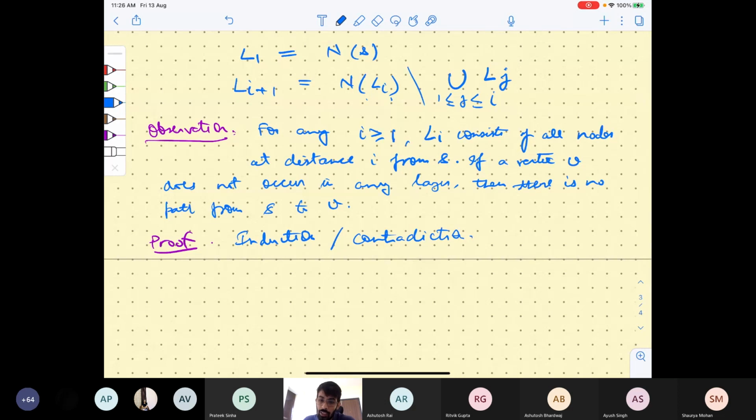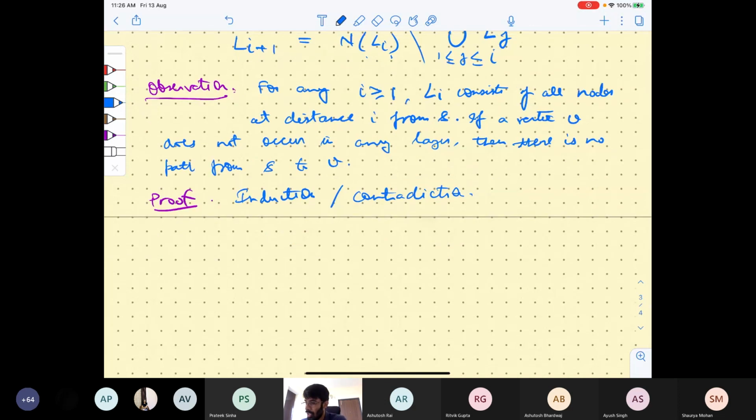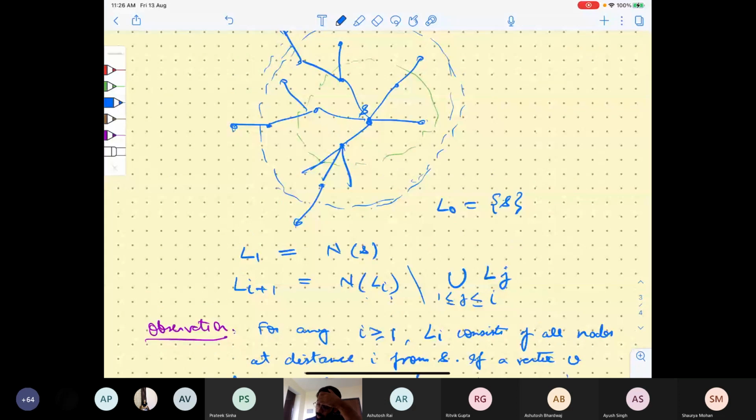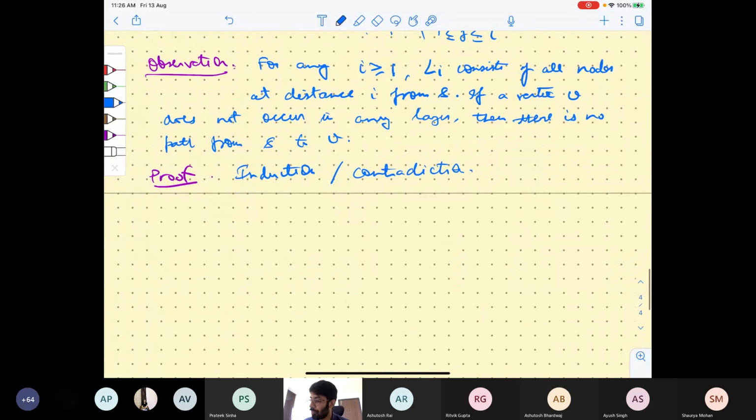Then the path will have a certain length, and the first part will contradict that V does not occur. So you can think about it; this is the basic thing. If there is a vertex connected to S, it will occur in some layer. These L1, L2, L3 are layers. I think I used that term before also, but if not, I'm saying it again.